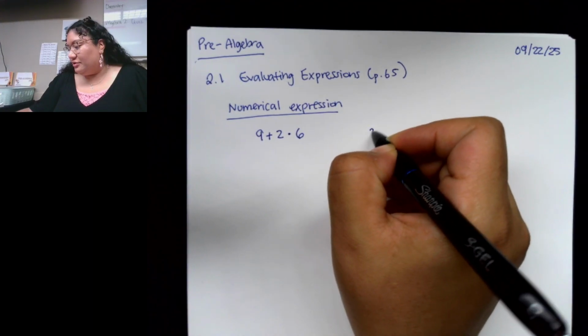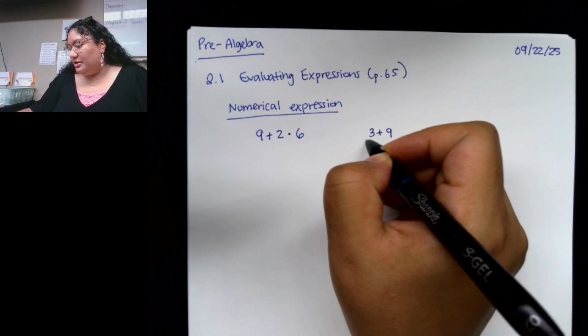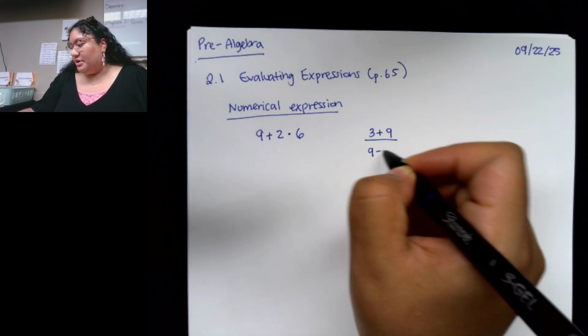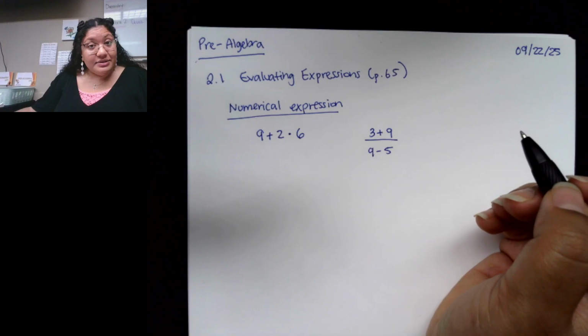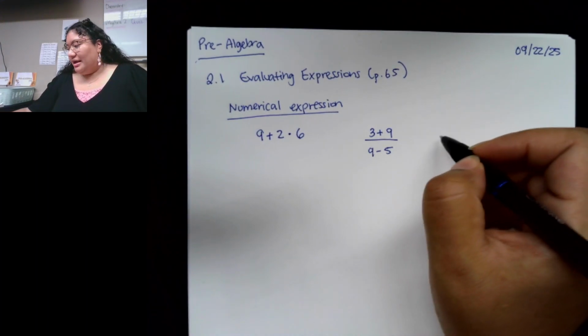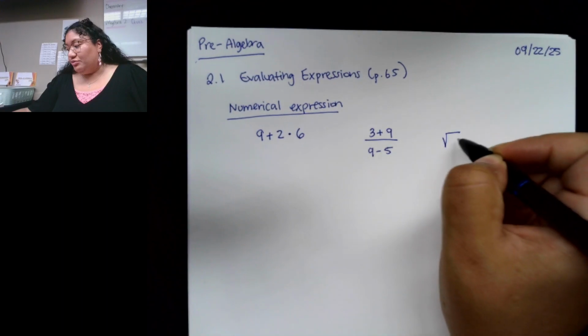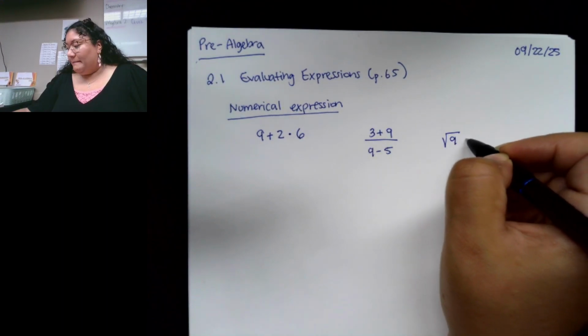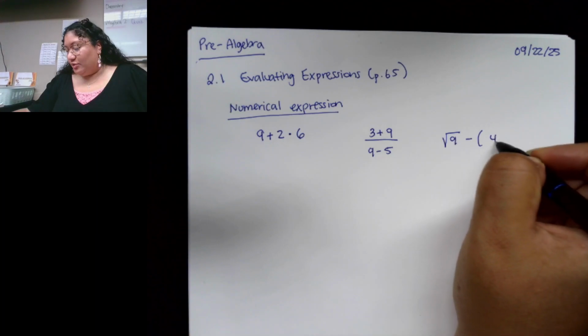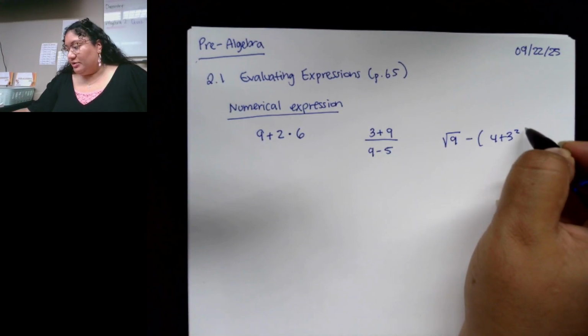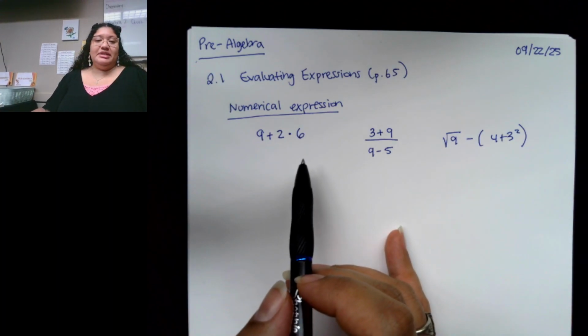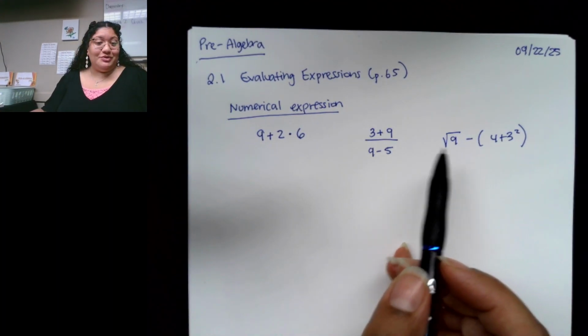You can also have 3 plus 9 over 9 minus 5. That is also a numerical expression. And then even something like square root of 9 minus parentheses 4 plus 3 squared. We can see the change in difficulty as we go through them.